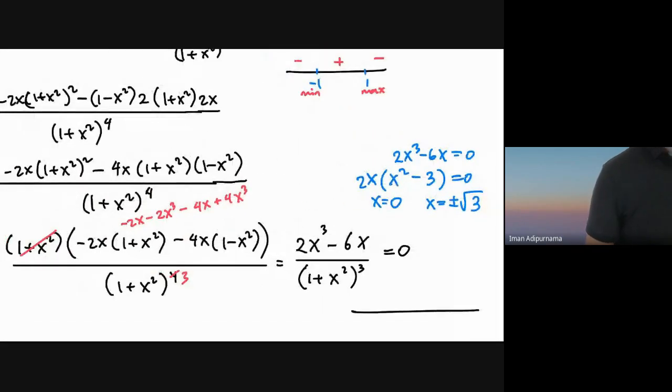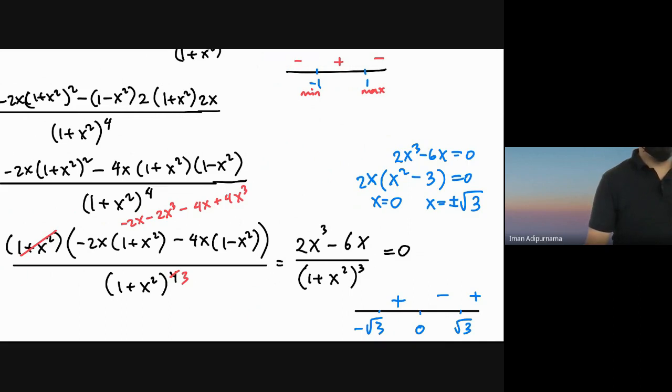Checking the inflection points, checking 0. Oh, sorry, it should be 3, the square root of 3. So this will be negative here, a positive. Oh, it should also be positive.